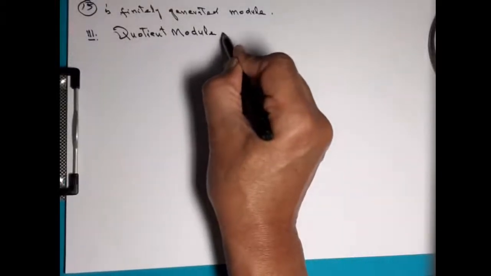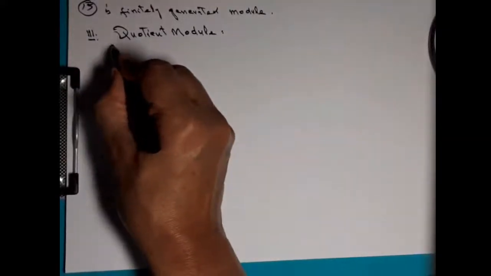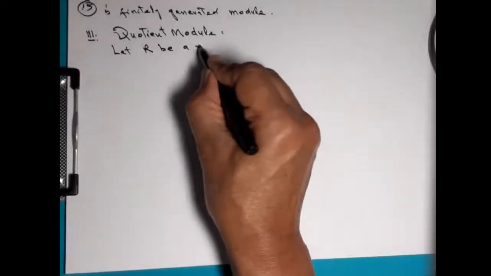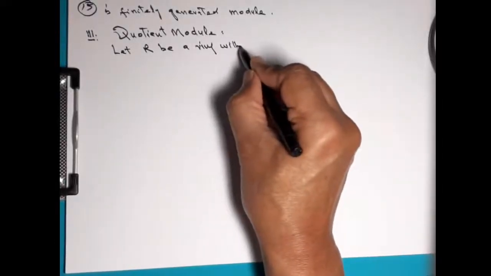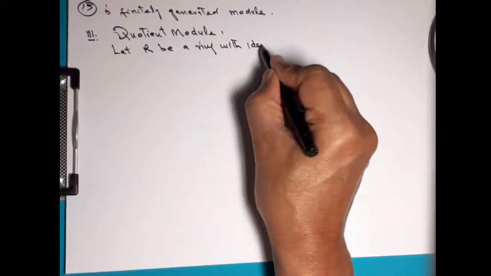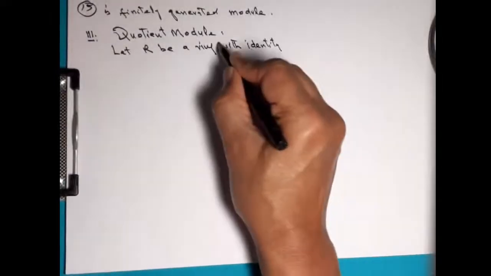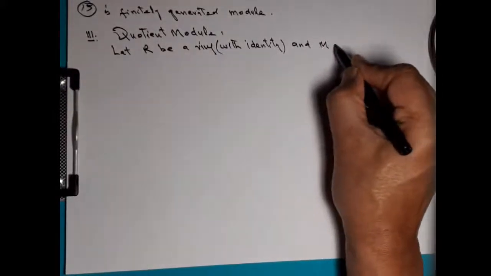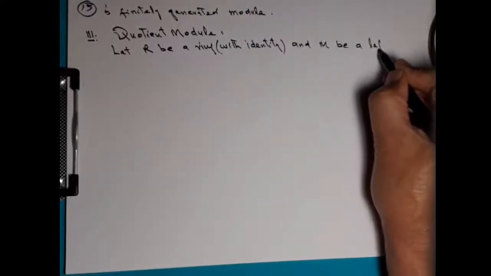Quotient module. So let R be a ring with identity and M be a left R module.